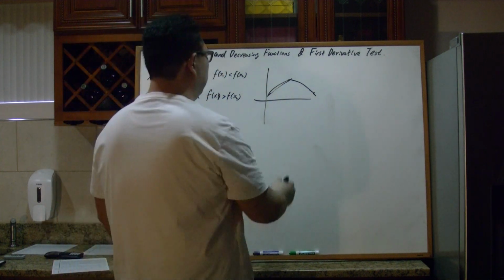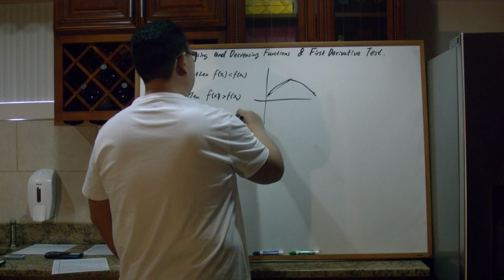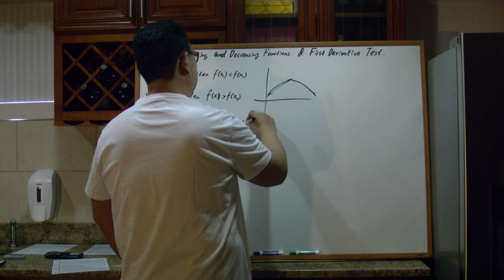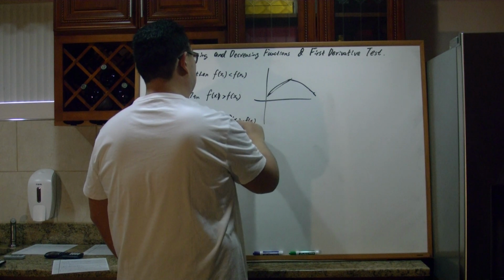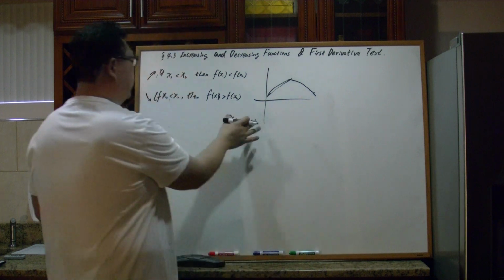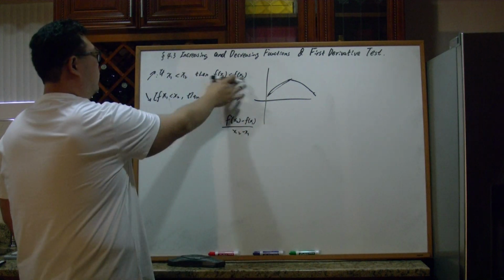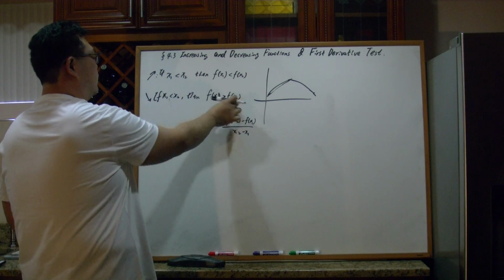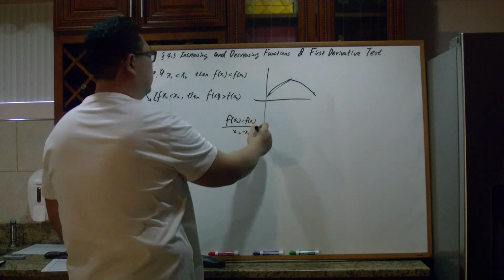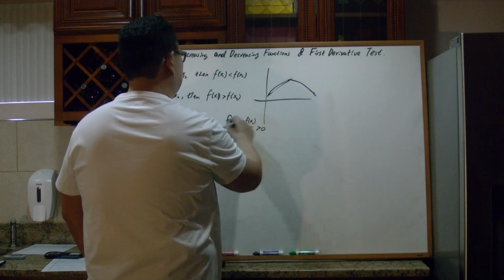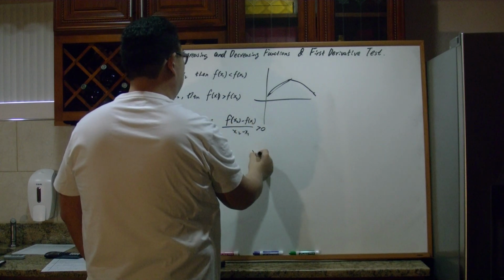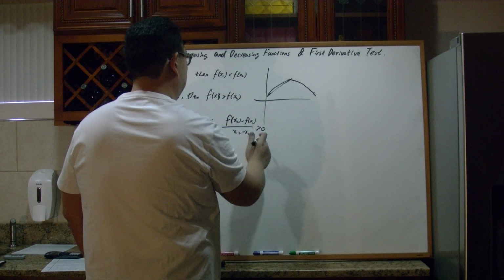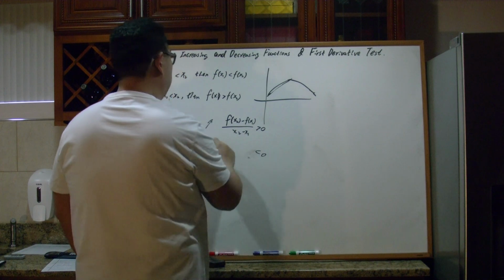Then in the view of the secant line, we know that f of x2 minus f of x1 over x2 minus x1, if the numerator and denominator have the same sign, both greater than 0, then the quotient is positive, that is increase. If they have opposite signs, the quotient is negative, that's decrease.